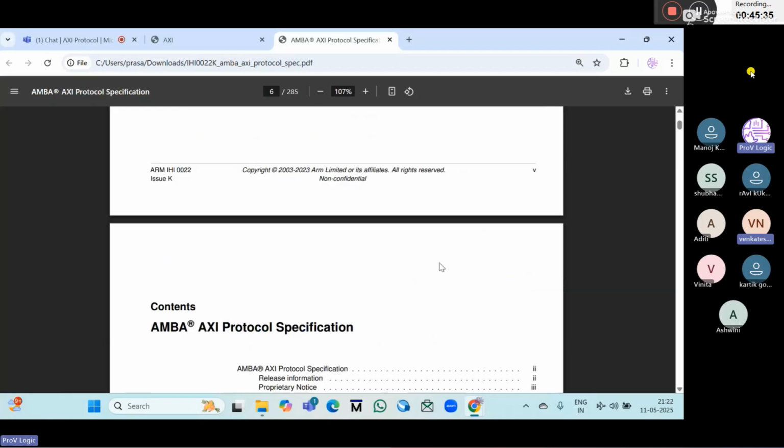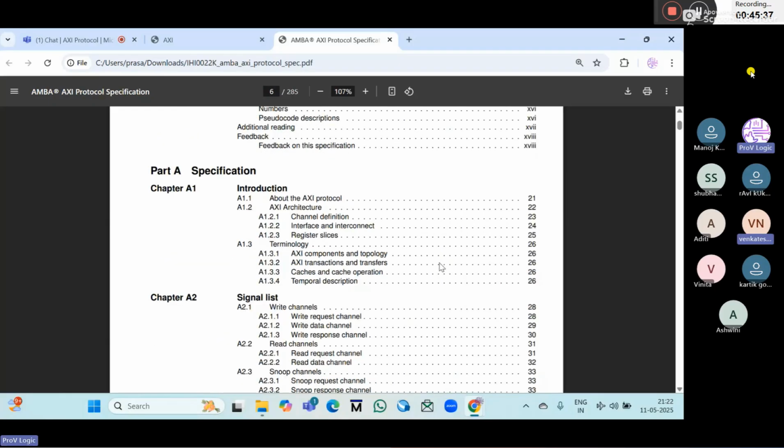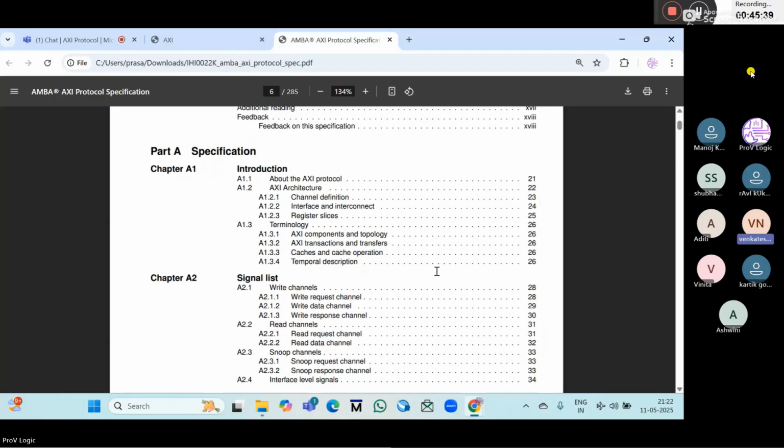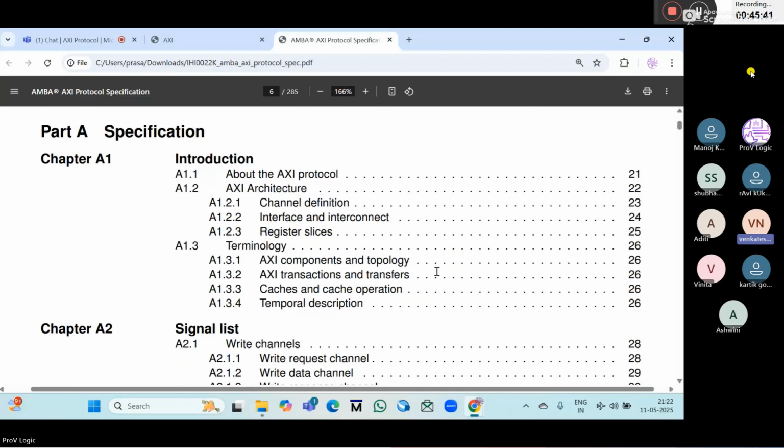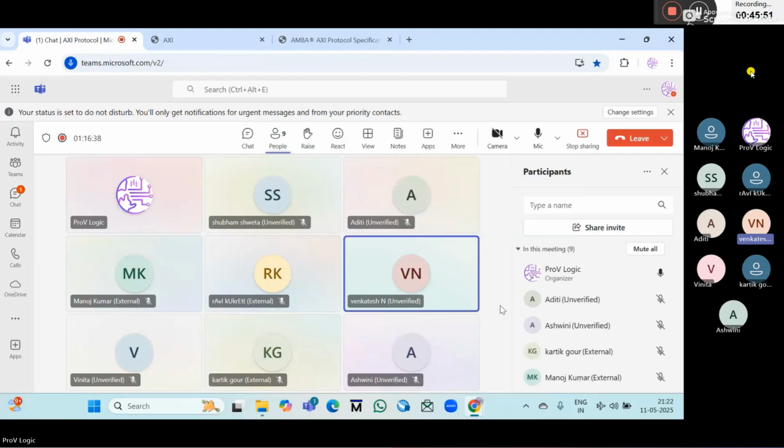Is everyone clear till here? I have one doubt. In the write transaction we have a separate write response channel, right? In the read transaction, a separate read response channel is not there.